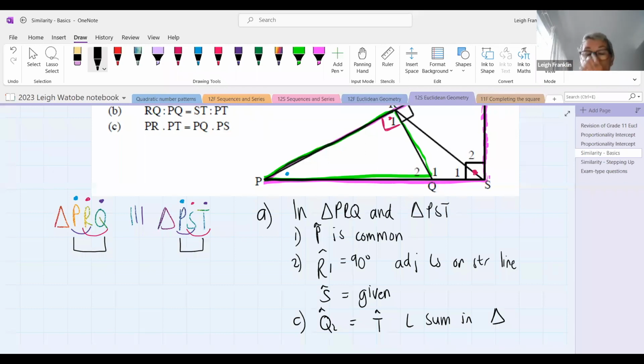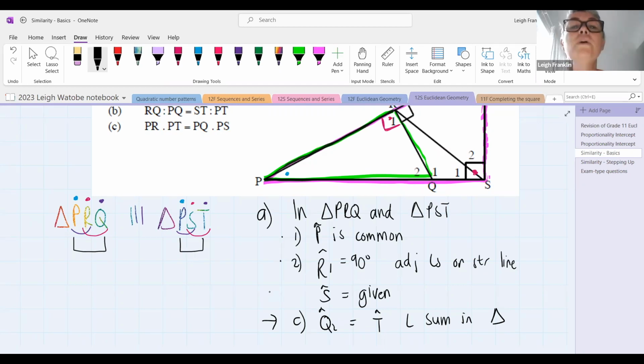And this is what I was trying to say earlier. You can only use angle sum in triangle as your third reason. Okay, you cannot use it here in number 1 or number 2. All right, they will penalize you for that. It cannot be done. Okay, so if you've got 2 angles, you've proved it. The third angle will always be angle sum in triangle or remaining angles of triangle.